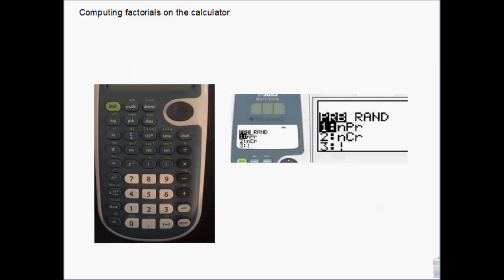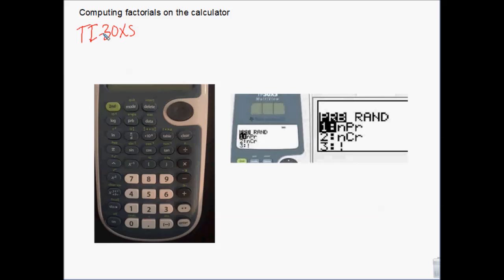That's what this is. It's a little bit different if you're using a TI. Any TI 30 will be about the same. They might be slightly different. And then if you get into the TI 80s where you've got the graphing capabilities, it's a little bit different there too. And I can show you pretty much on every calculator how to do this.